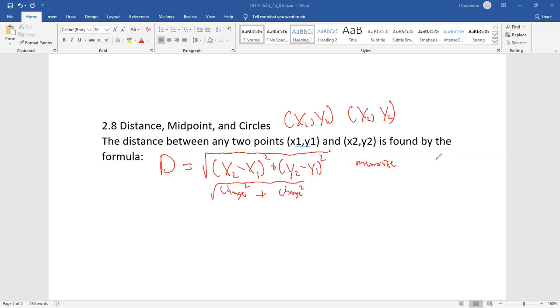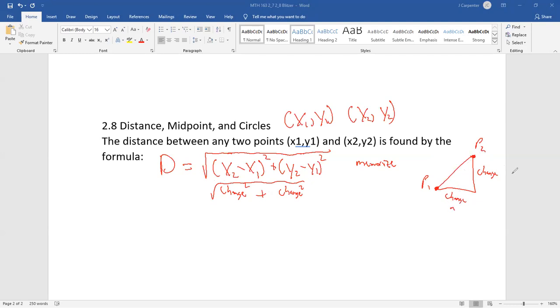If you've ever heard of the Pythagorean Theorem, this is exactly what it relates to. If you have point 1 here and point 2 here, this distance is the change in x. This distance is the change in y. And then this, if you called it c, would make the change squared plus the change squared equal to c squared.